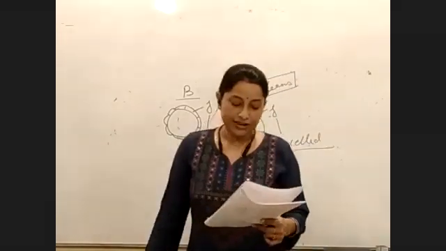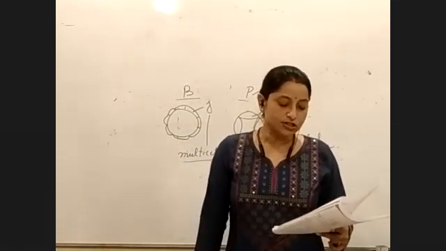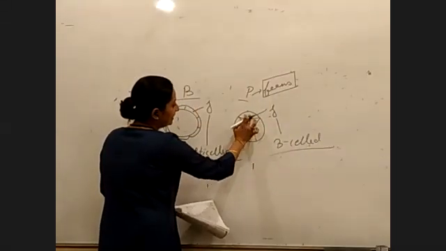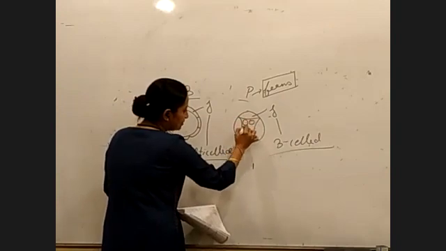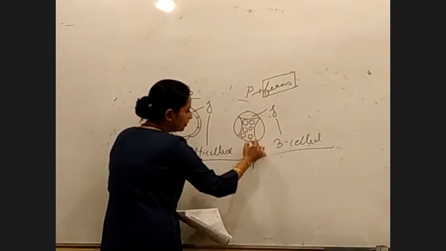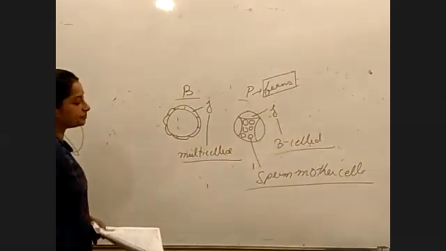Next, the antheridium has a 3-cell jacket and about 32 sperm mother cells. So if there is an antheridium, it has a jacket, and these inner cells will form the male gametes. Is it clear?